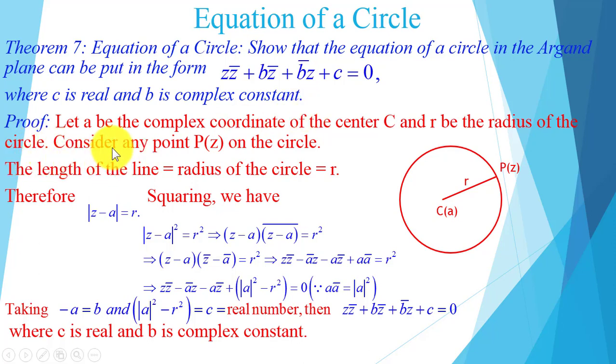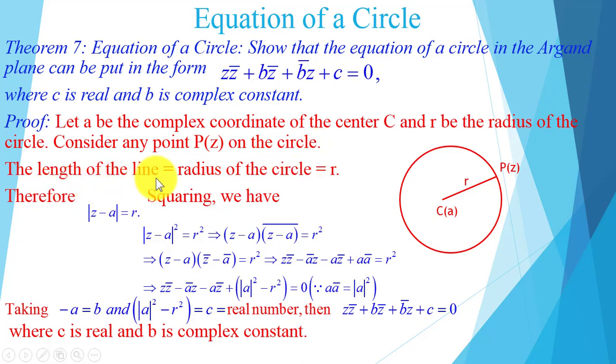Proof. Let A be the complex coordinate of the center C and R be the radius of the circle. So here this is a circle whose center C is at A and its radius is R, and P is an arbitrary point on the circle. Consider any point P(z) on the circle.